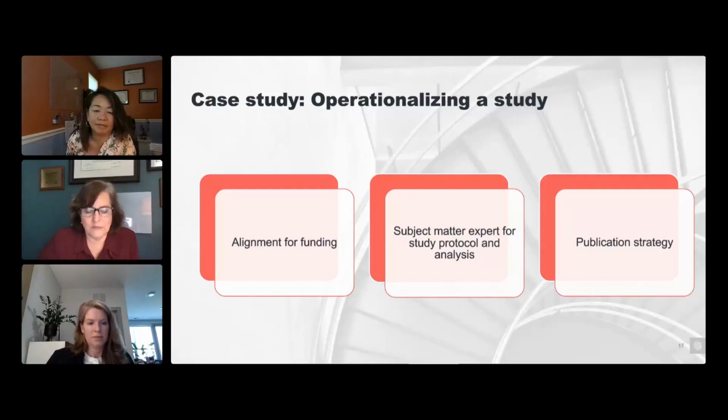So in this particular data set, we've looked at hospitalizations and other interventions like ER visits, things like that. And this data has been presented in poster and oral presentation form, and the manuscript is ready and being submitted shortly.